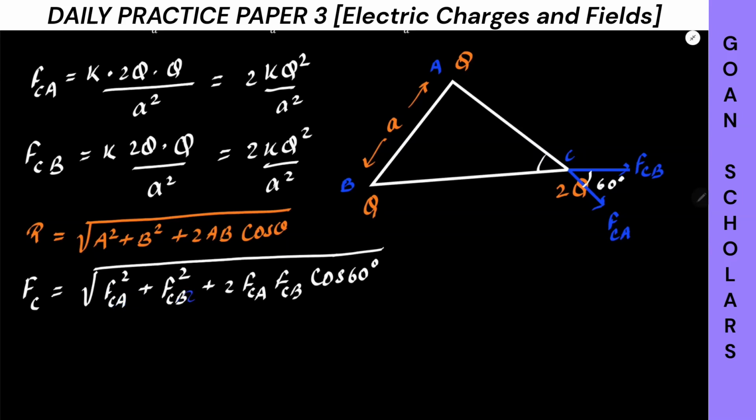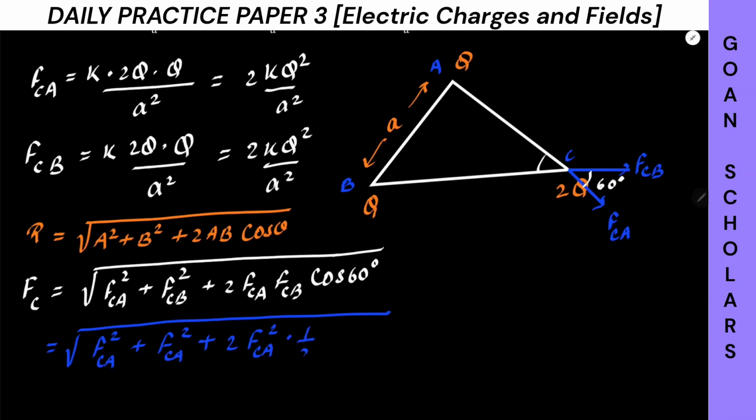So you can call FCB also FCA, because magnitude-wise they are the same. So you can write FCA square plus 2 times FCA into FCA, which is FCA square. Cos 60 degrees is half, from trigonometry.